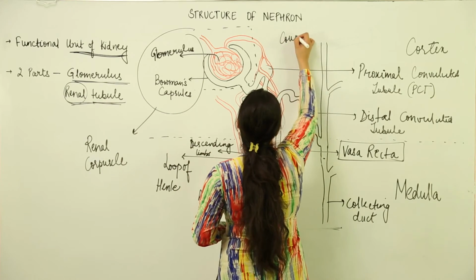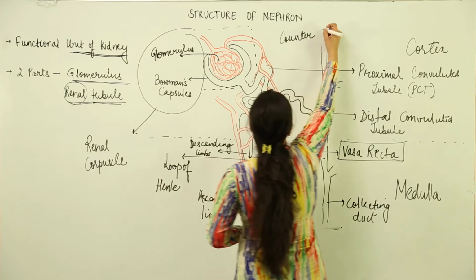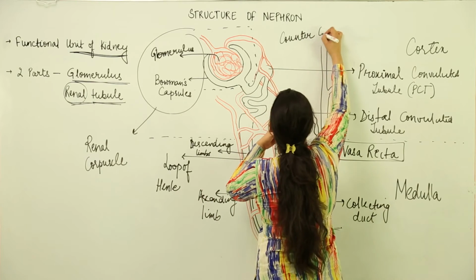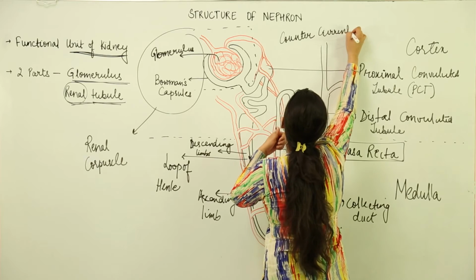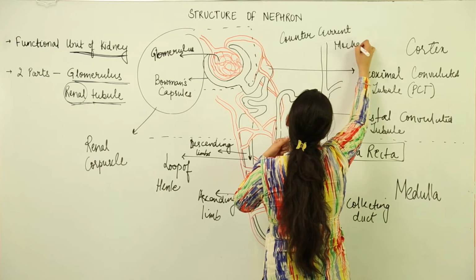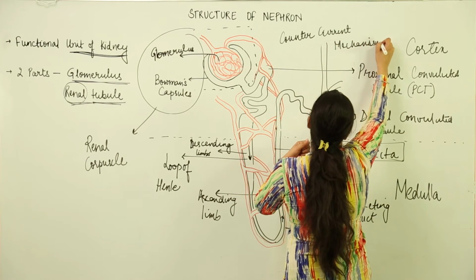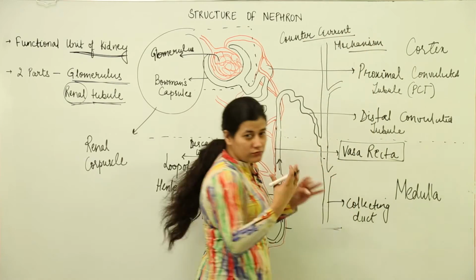When we talk about the formation of urine and its concentration, we come across the counter current mechanism. I would just put some light over it, that what counter current mechanism would be all about.